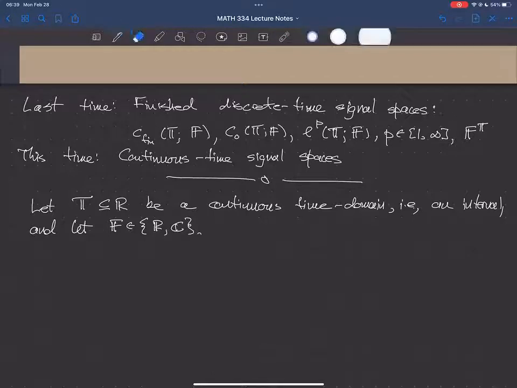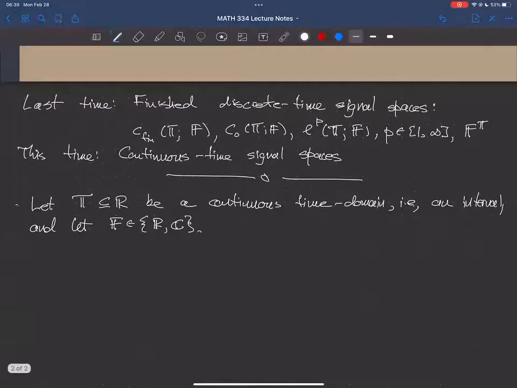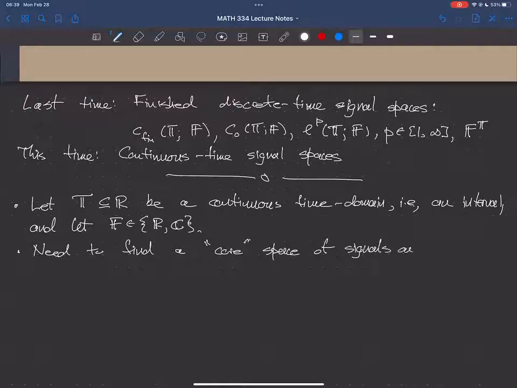So the first thing we need to do, therefore, is find a core space of signals on, we choose an arbitrary time domain T. And for that time domain T, you want to find some collection of signals that you want to be contained in any other collection of signals that you'd like to talk about.